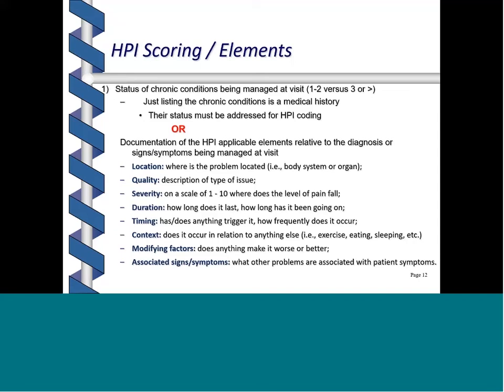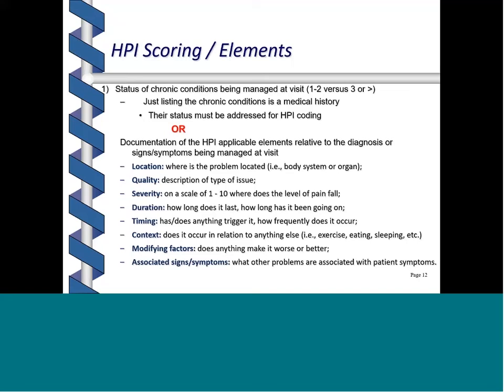However, we're real proponents of spending the couple of minutes to type that HPI in, because that really is why you're seeing the patient today, and probably the most important piece of the entire record. So this might be an area where the EMR is not going to pick up the actual items, and you're going to have to use your slider to know that you covered what you needed to for the level of service, even if it didn't tabulate it for you. So tell the story of what's going on.